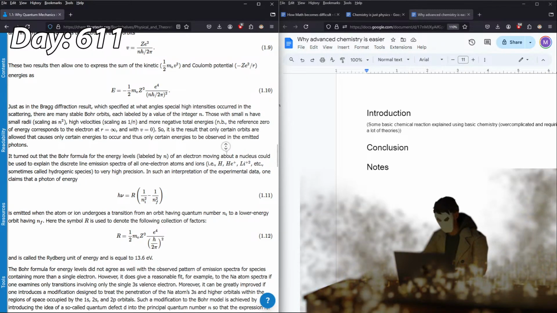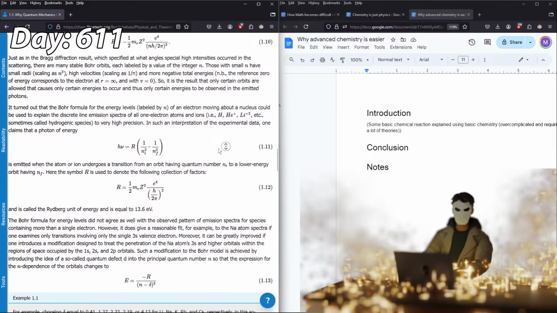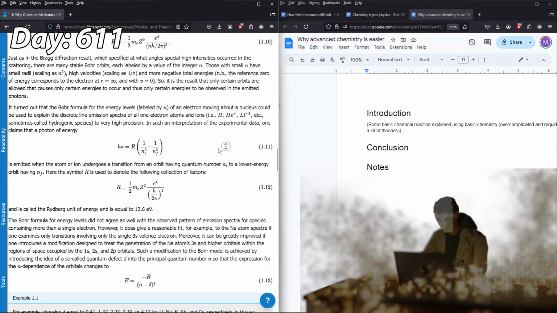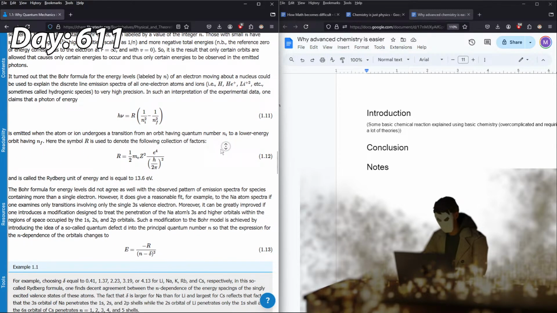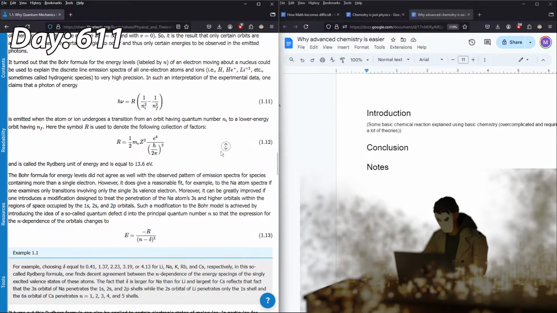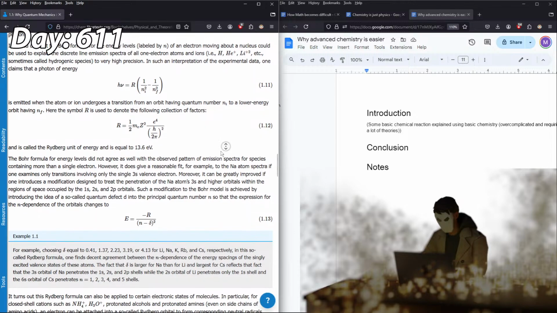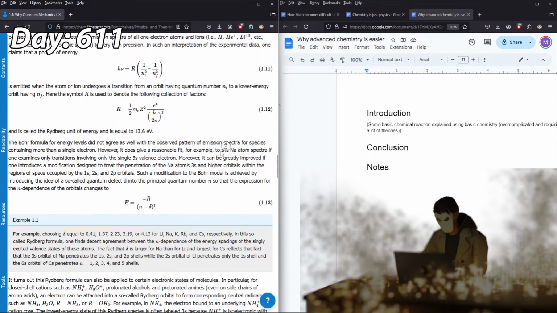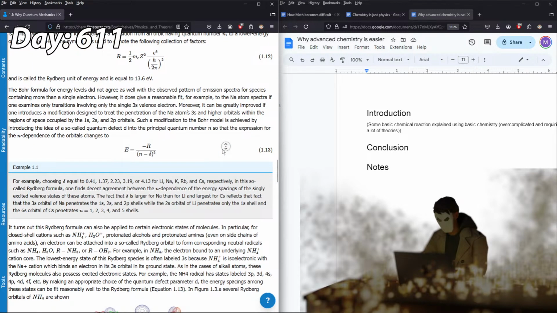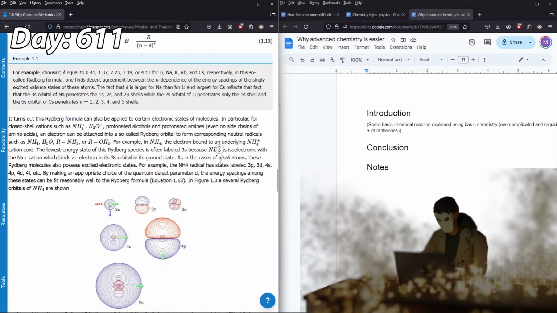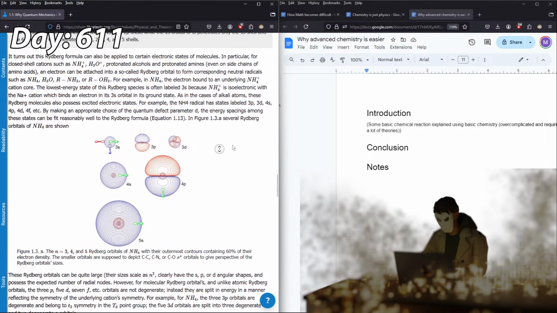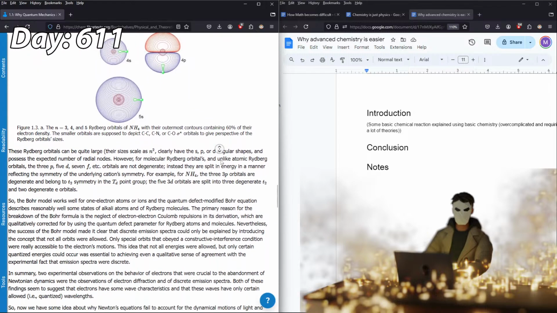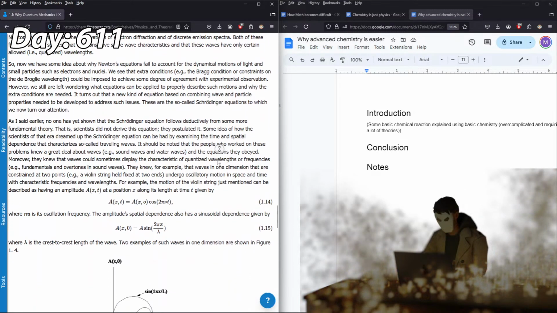Okay. I'm not gonna lie, it is certainly a dense read, but this is just introduction to quantum mechanics of electrons.